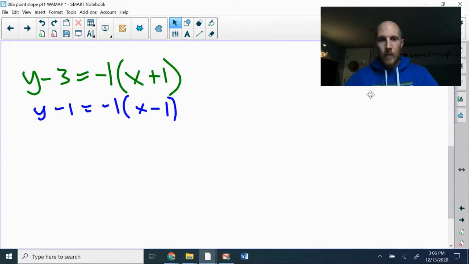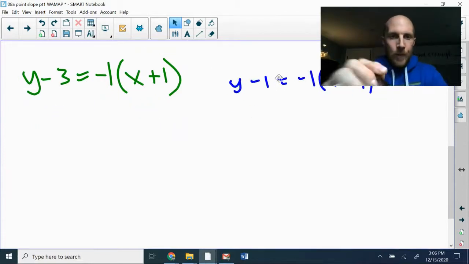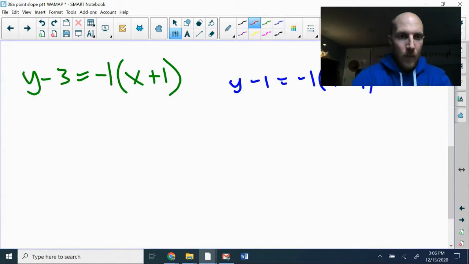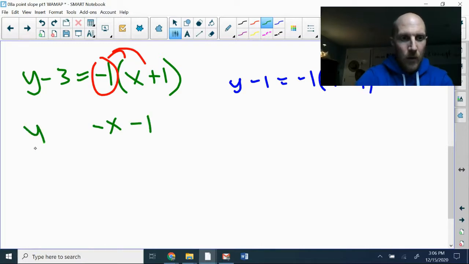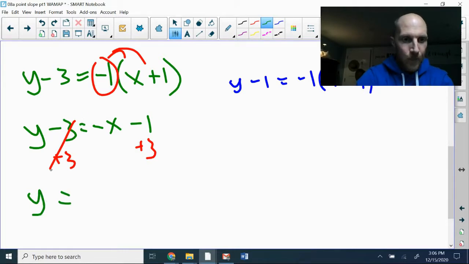Okay, so let's do the green one. So I'm going to distribute this negative 1 first. So negative 1 times x is negative x, and negative 1 times 1 is 1. And then to get the y by itself, I'll have to add 3. Do the same thing on the other side of the equal sign. So y equals negative x, and negative 1 plus 3 is 2.